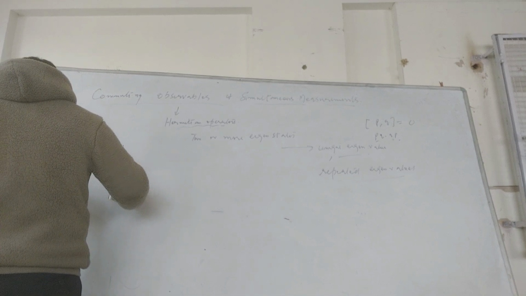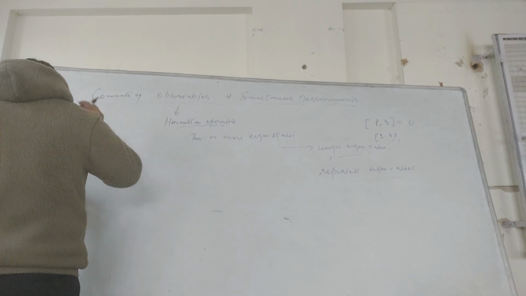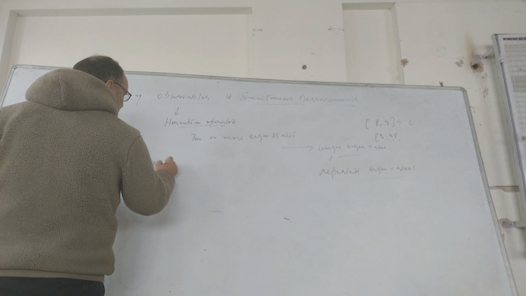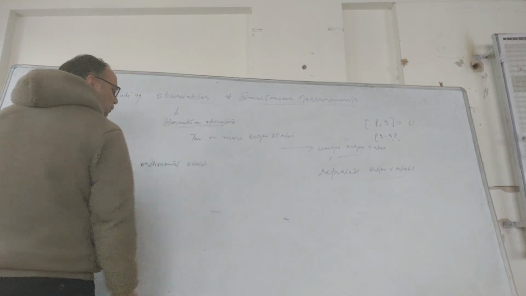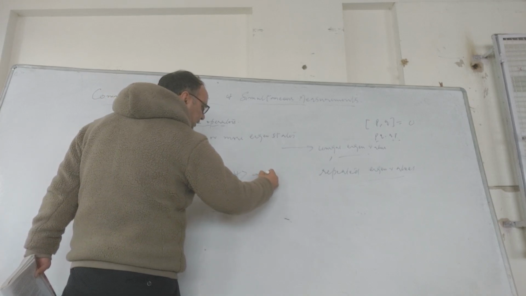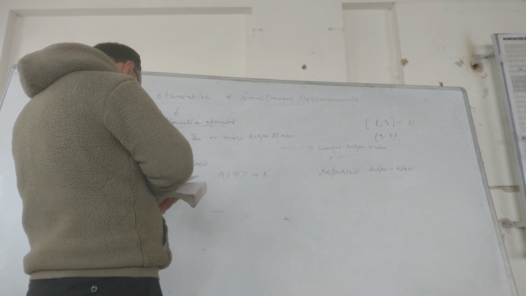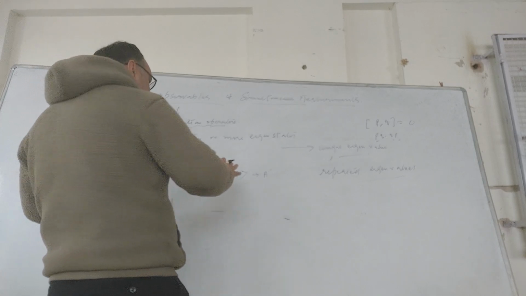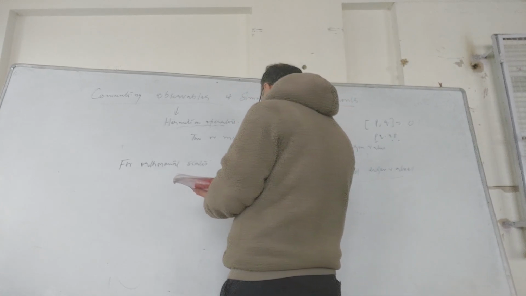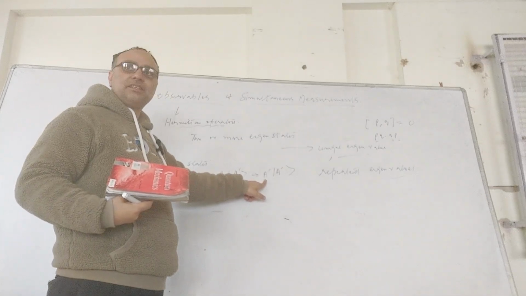So what do we mean by that? For orthonormal states, as we said, for example in the bra-ket notation, A acting on this state psi gives us a prime.